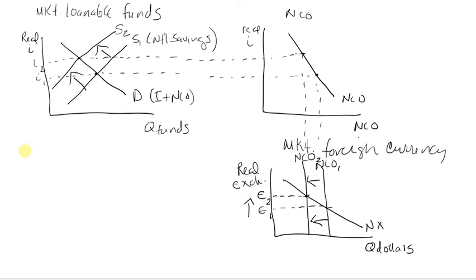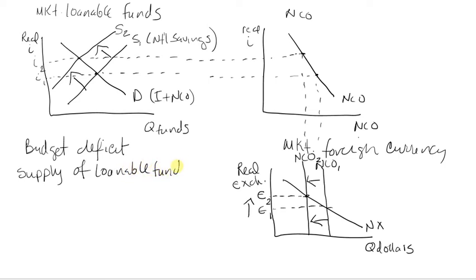So if there's a budget deficit, then the supply of loanable funds is going to shift to the left, right?